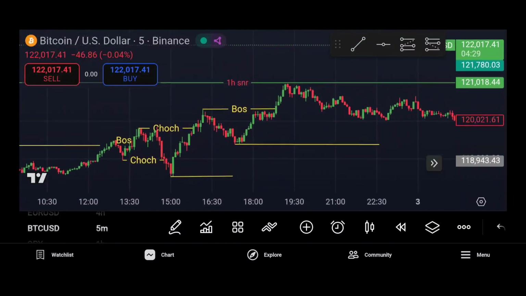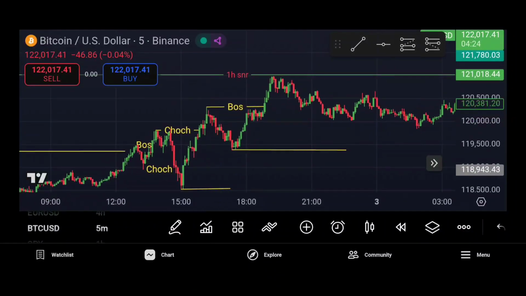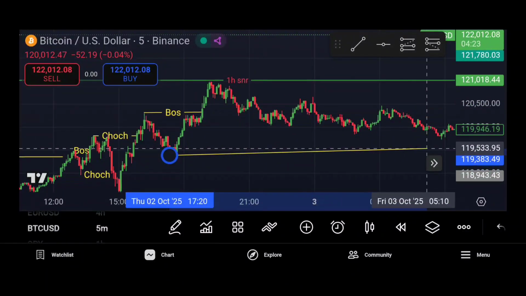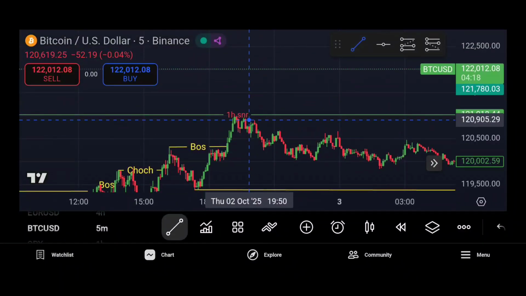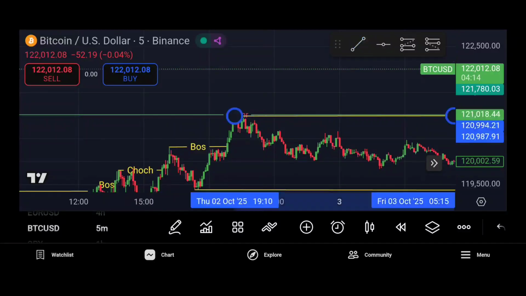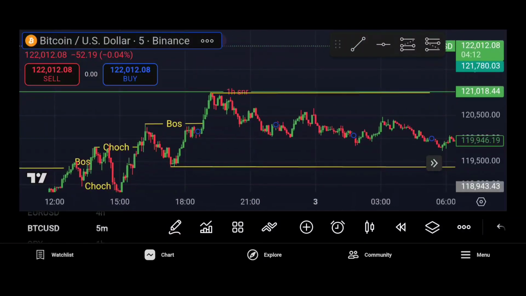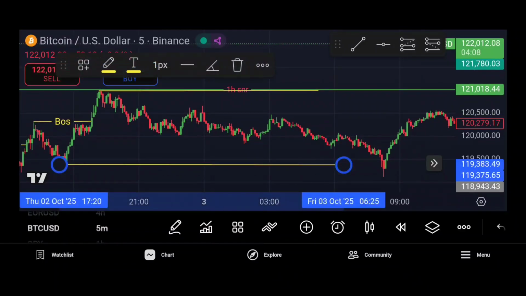So it's always better you wait for a break of structure to confirm the direction of the market. So the market made a higher low, then again later on made a higher high. So the trend on the 5 minute confirmed to us that it is still bullish.